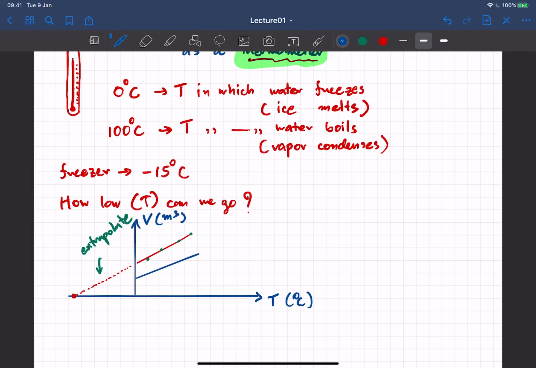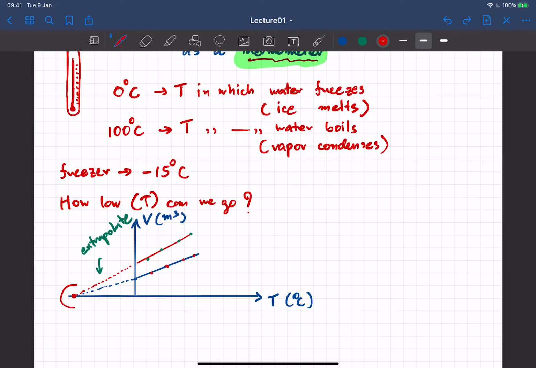But if you do the extrapolation, this curve will also intersect at the same point here. So no matter what kind of gas you use, you do the experiment and you extrapolate. My line is not really straight, but you get the idea, right? They're all going to intersect at this point.